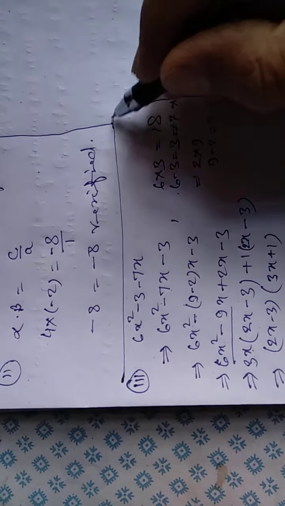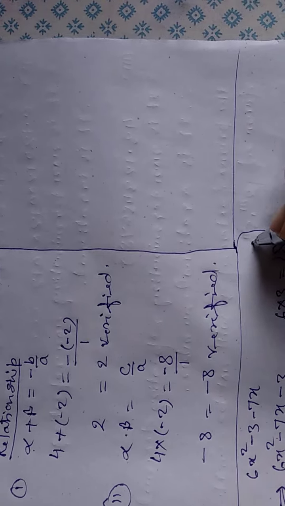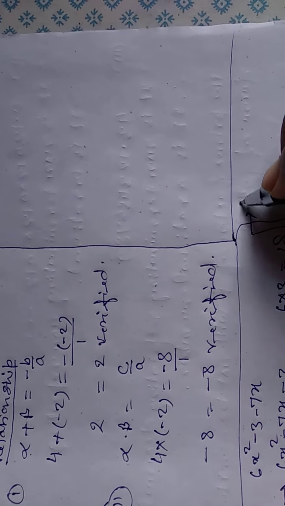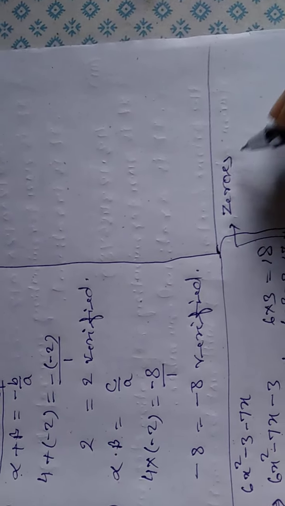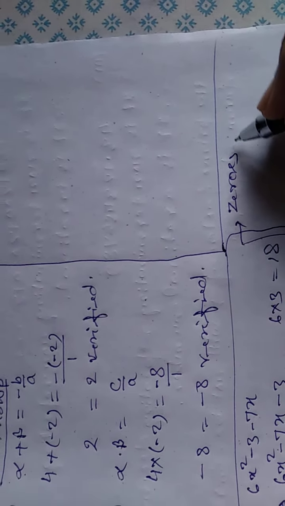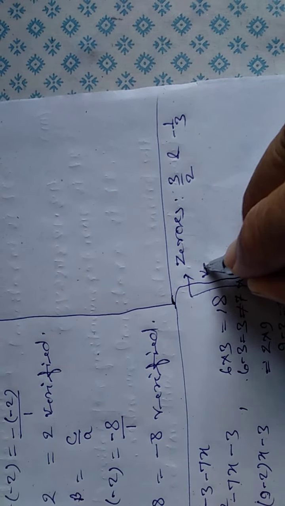Therefore the zeros are 3 by 2 and minus 1 by 3. Now verification.